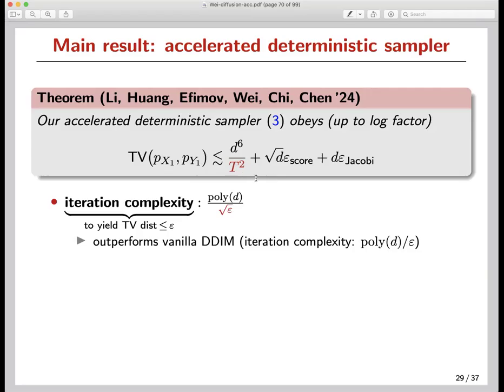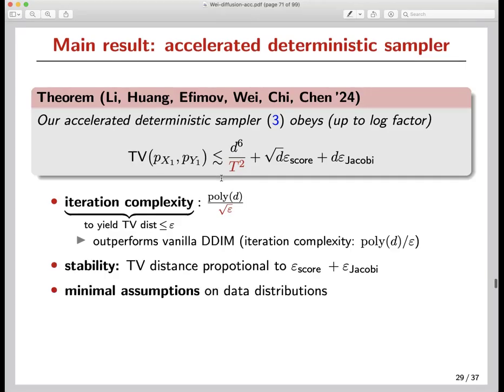If you compare these two results, at least in the upper bound, we have a faster dependence on t. Again, this result is stable with respect to errors in your score estimation, and we have very general assumptions on data distributions. Okay, is this result clear?